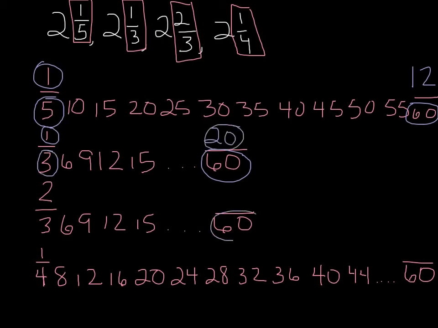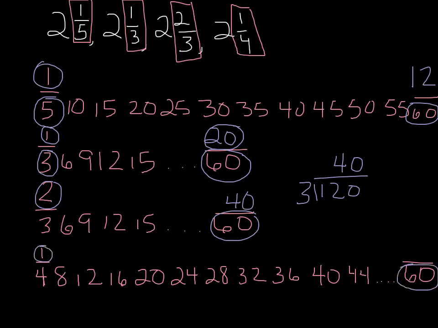And then again, 60 times 2 is 120, and then 120 divided by 3 is going to be 40. And then I can cross multiply and divide over here. I've got 60 times 1 is 60, divided by 4 is 15. Okay, so those are my new numerators. I've got a 12, I've got a 20, I've got a 40, and I've got a 15.